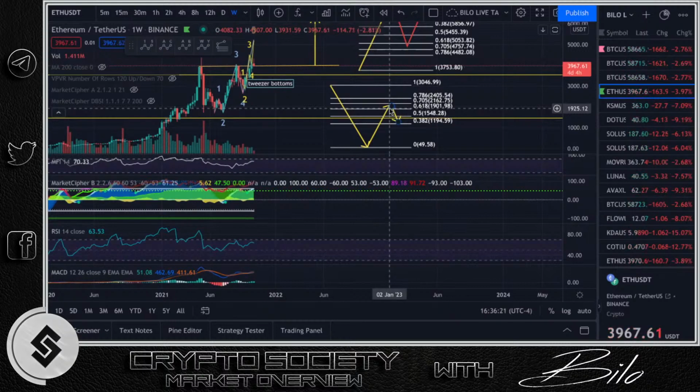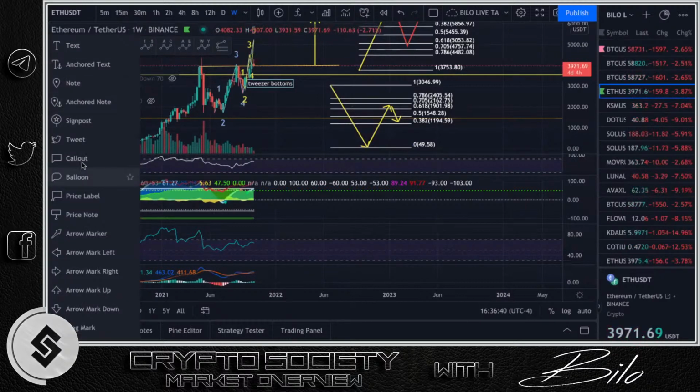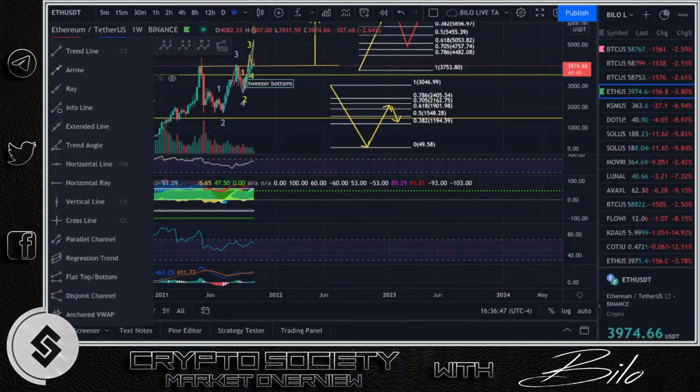That zone is important. If we had a retracement from point A down to point B, and then we made it back up towards the 0.618 to 0.705, I'll highlight this in green as a zone of importance.